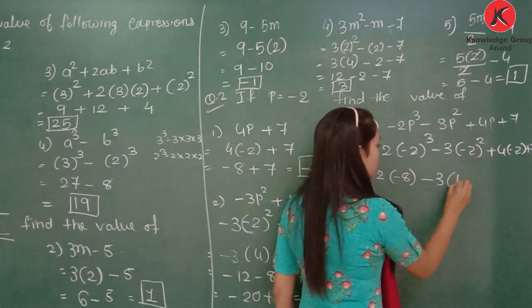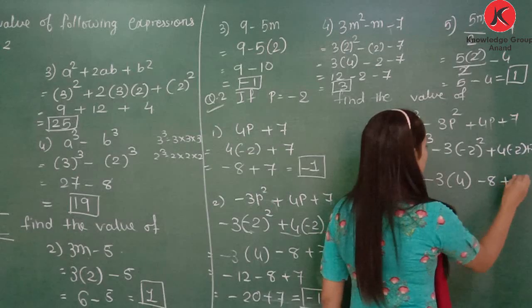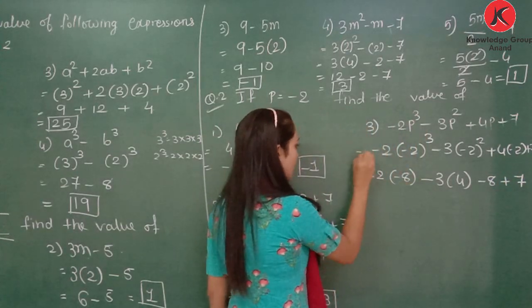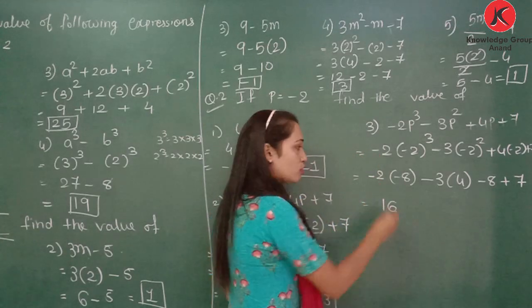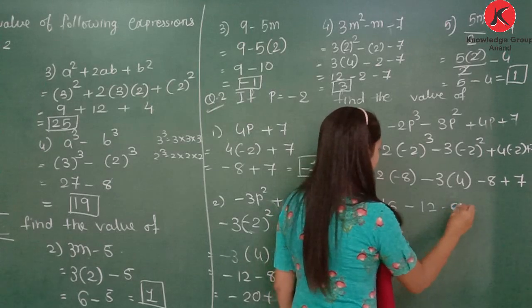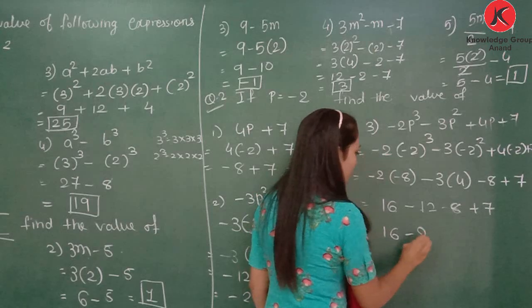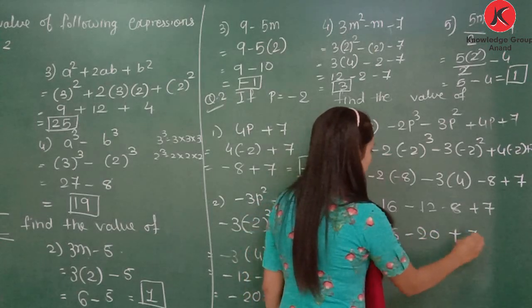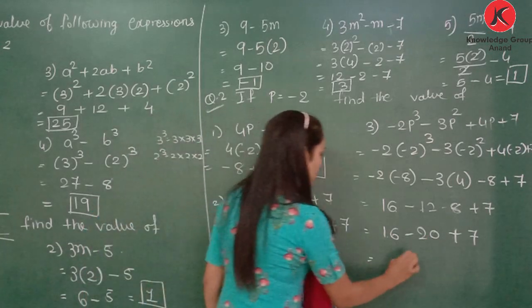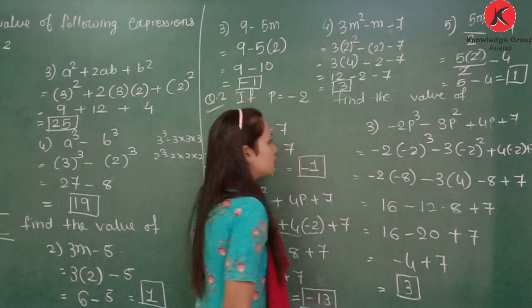Minus 2 square is plus 4. 4 minus 2 is minus 8, plus 7. Now minus 2 multiply minus 8 that is 16, but it is positive because both are negative. Minus 12 minus 8 plus 7. Now 16, minus 12 minus 8 is minus 20, plus 7. 16 minus 20 is minus 4, plus 7 is 3. So that will be our answer for this expression.